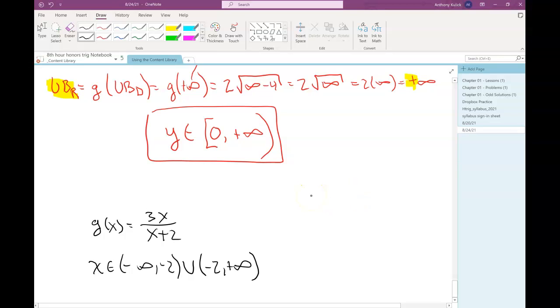If I look at that function, that's a simple rational function because it's a degree 1 polynomial over another degree 1 polynomial. So I know for a simple rational function, I'm going to have one vertical asymptote and one horizontal asymptote. It doesn't really matter where they are in terms of the increasing and decreasing part. So I'm not even going to really worry about that.